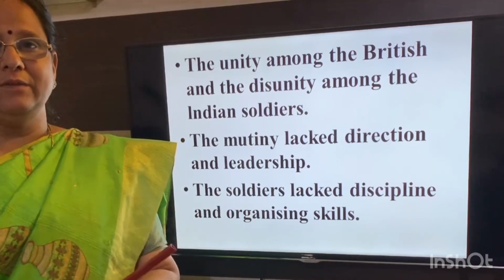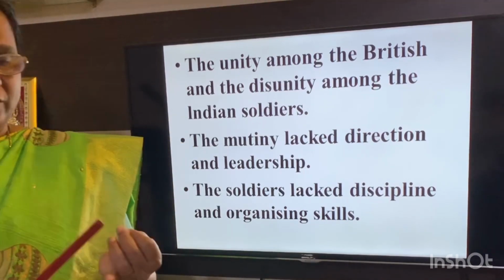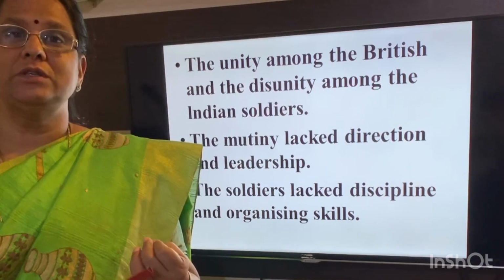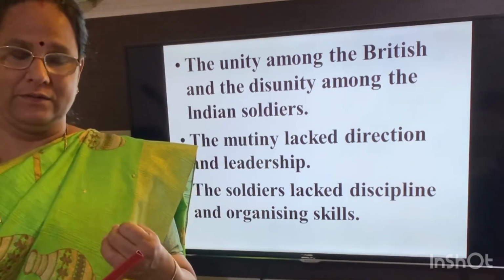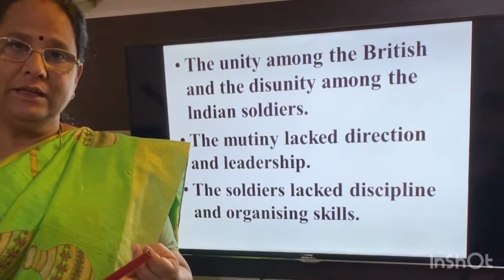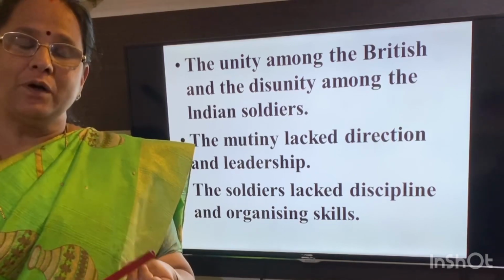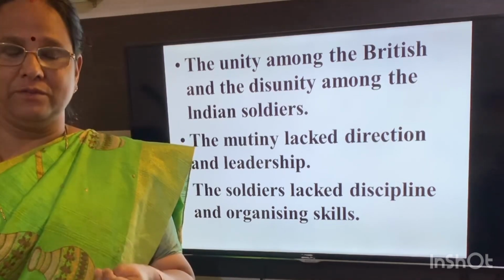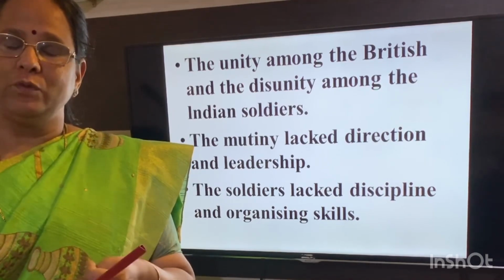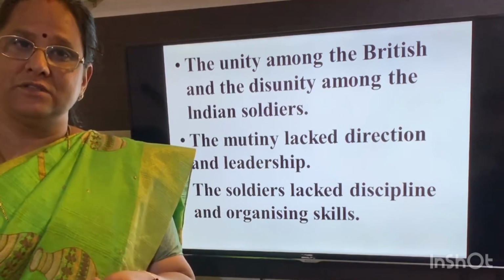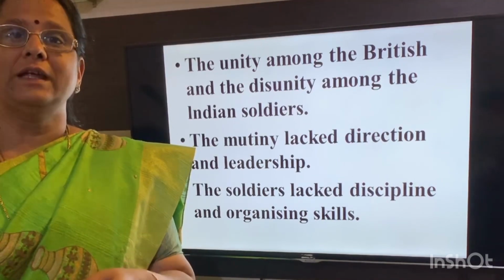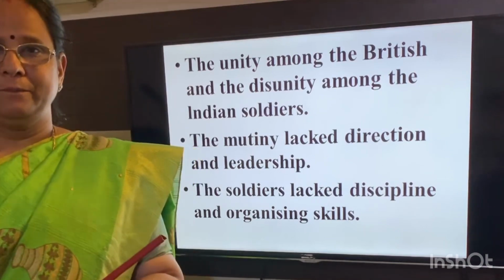So in this slide we learned 4 points. First one is there was no unity among the Indians. Next one is Indian soldiers were lacking proper direction and leadership. And third point was regarding they were lacking discipline and organizing skill.